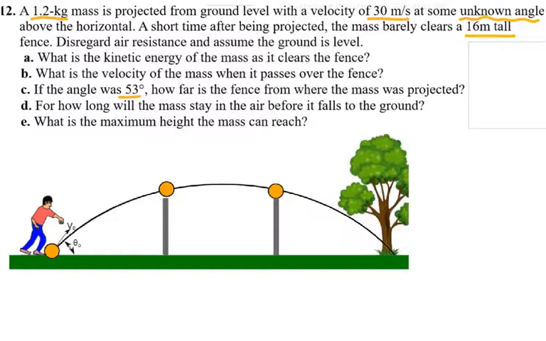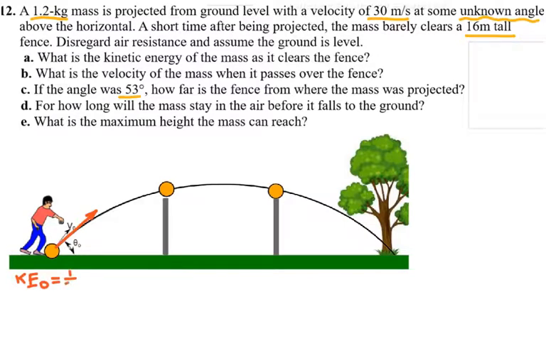So let's calculate the kinetic energy of the mass as it is being shoved. Kinetic energy initial is equal to 1/2 the mass and initial velocity squared. I get 540 joules.